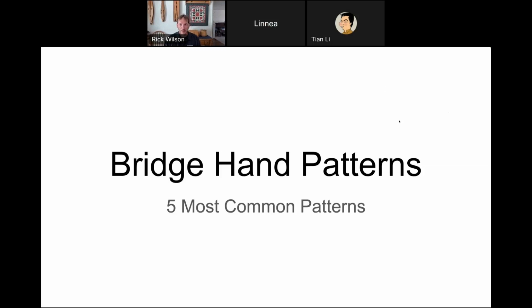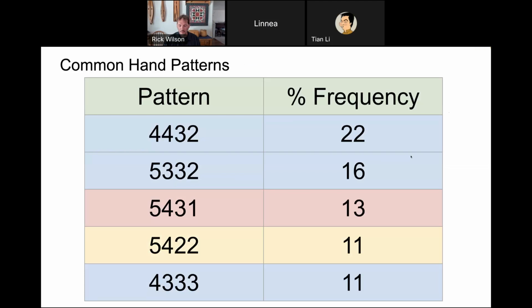5 most common patterns. So we've got the, what's our most common hand pattern? Well, obviously 4-4-3-2. Yes, and it happens almost a quarter of the time, so we're pretty used to seeing those hands.